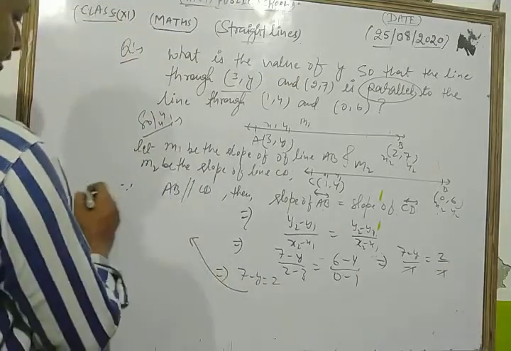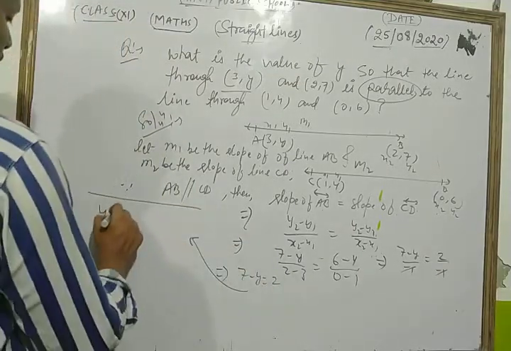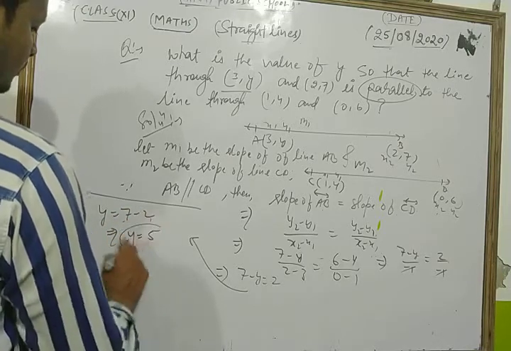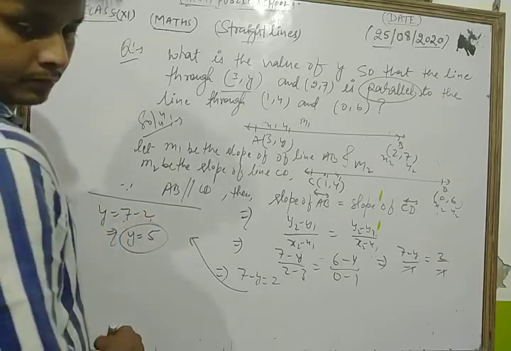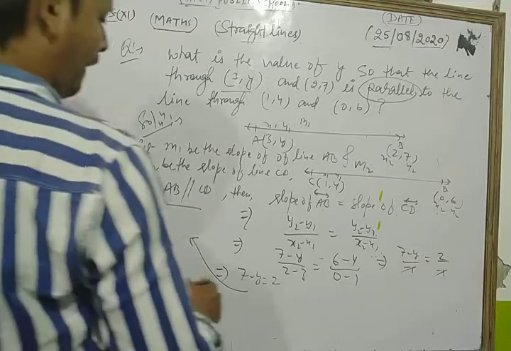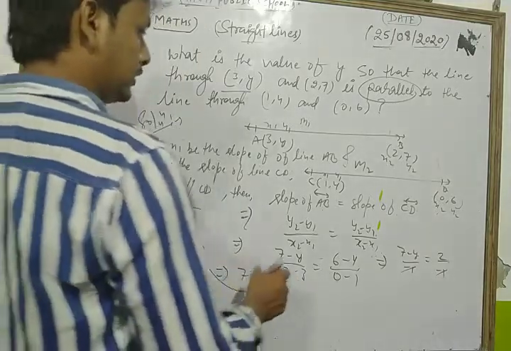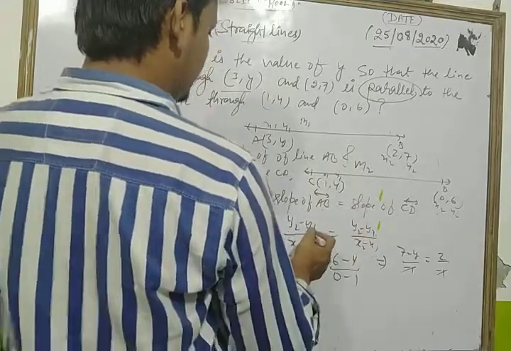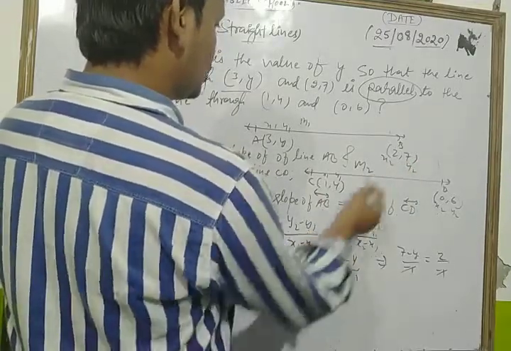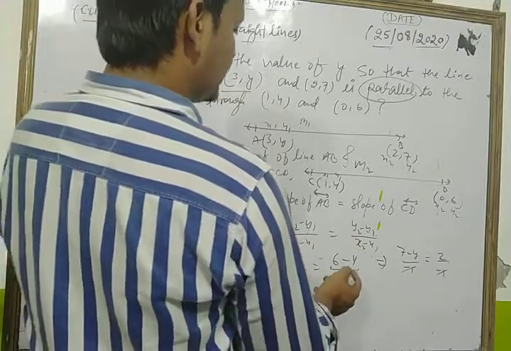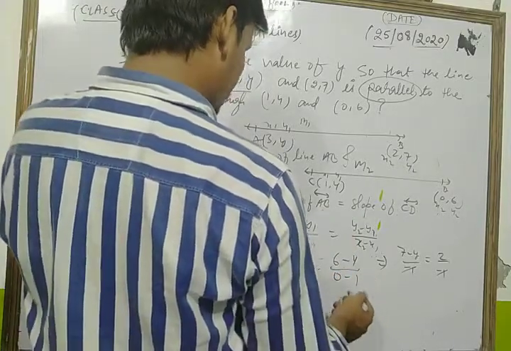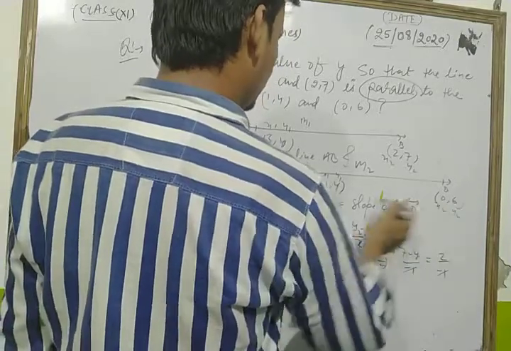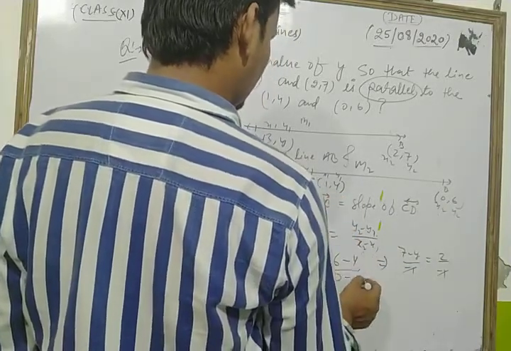So we get y is equal to 7 minus 2, and the value of y is 5. Let me check once more: y2 is 7, y1 is y, x2 minus x1 is 2 minus 3; for the other line, 6 minus 4 is 2 upon 0 minus 1.